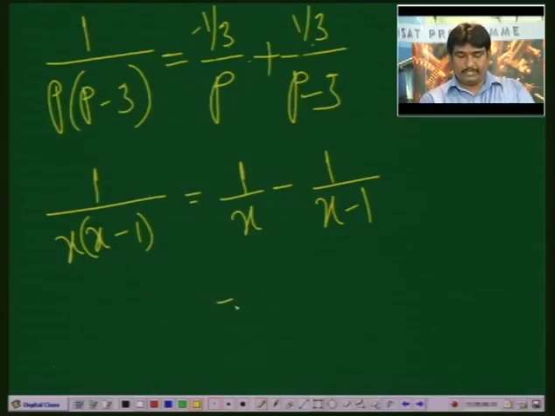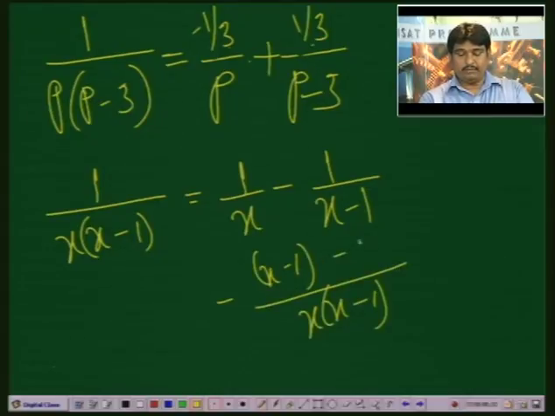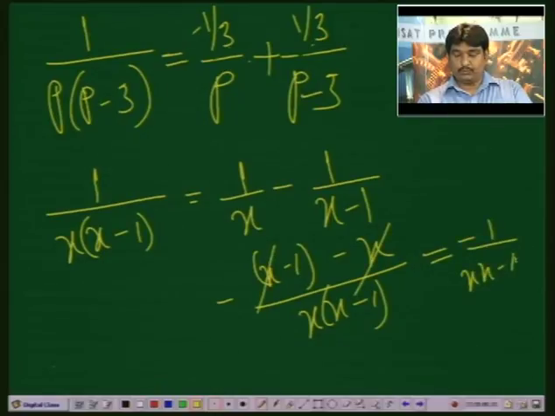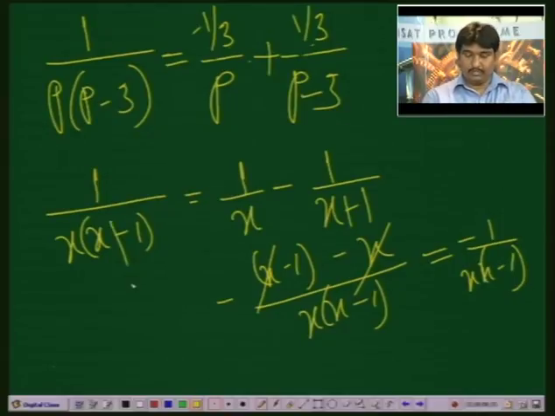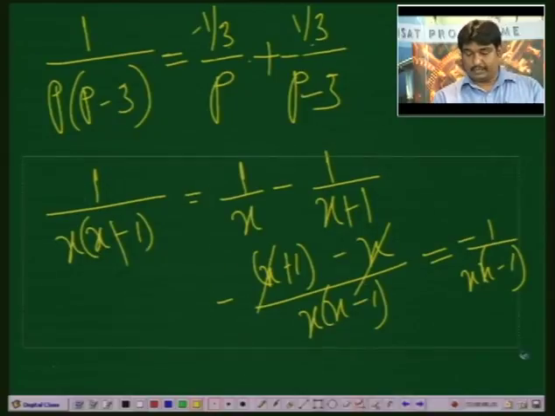Because when you simplify this, this becomes x into x minus 1, x minus 1 here minus x here. So x minus x is 0, so it is minus 1 by x into x minus 1. Now this is for x plus 1. If it is x plus 1, I can do that.